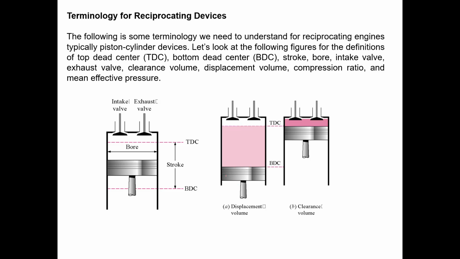The volume at the top dead center, the remaining volume when the piston moves all the way up, we call the clearance volume. And the volume between the top dead center and bottom dead center we call the displacement volume.